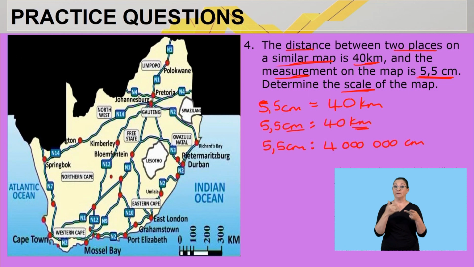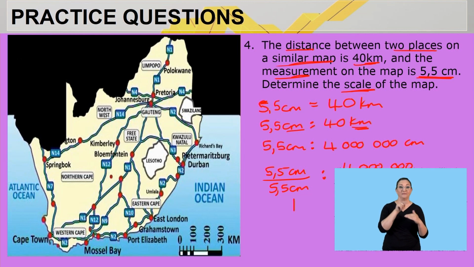So now I just need to make sure I get 1 on my left-hand side. So how will I do that again? Yes, so therefore I will say 5,5 centimeters divided by itself. As soon as I do that, I will have 1 here. We agree? So what I do on the left, I will also do on my right-hand side. So here I will write 4 million divided by 5,5 as well. I already have 4 million on my calculator divided by 5.5.